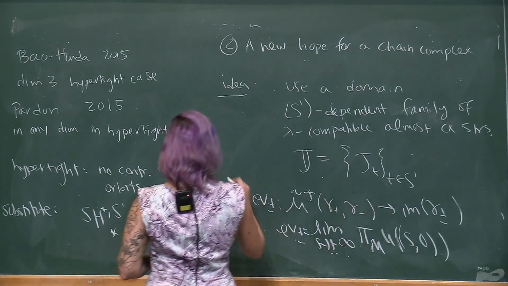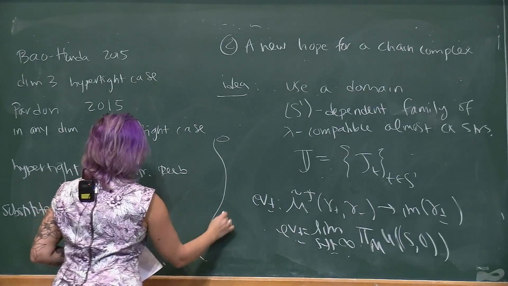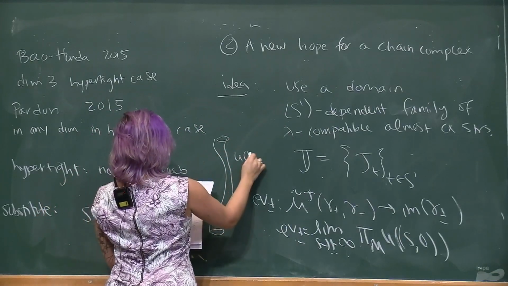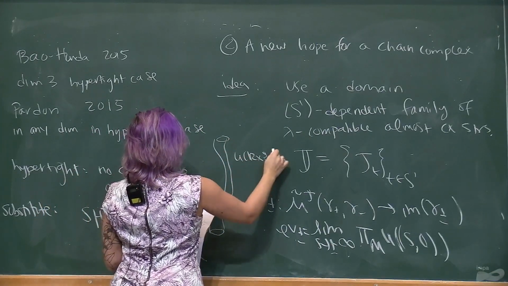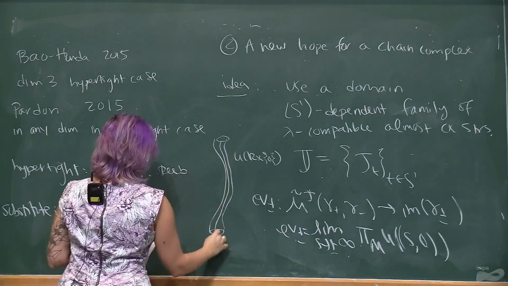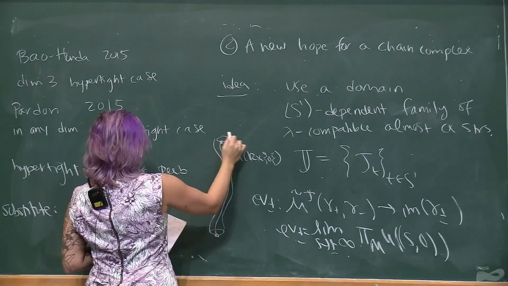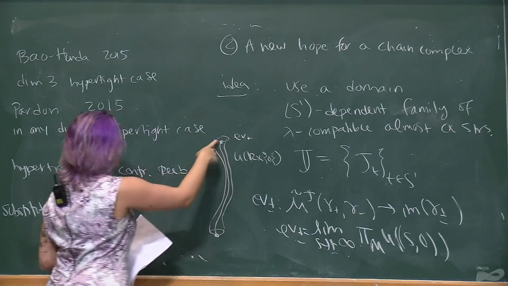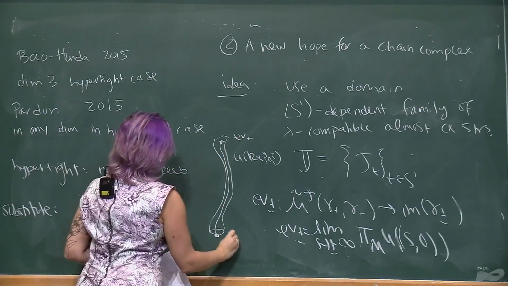So you're basically looking at your cylinder, and you look at u of R cross 0. That's going to be some line. Ev plus is going to be the point at the top, and Ev minus is going to be the point at the bottom.